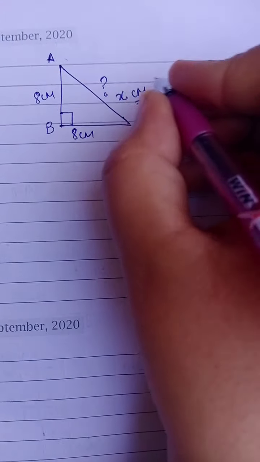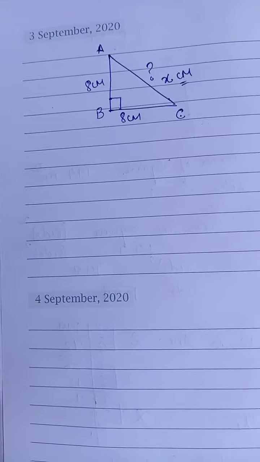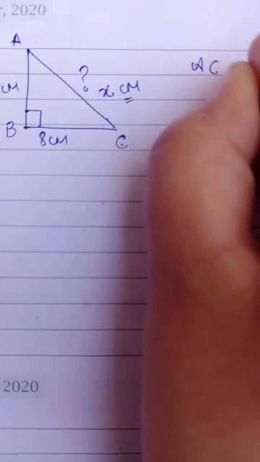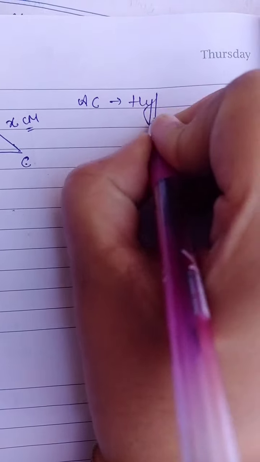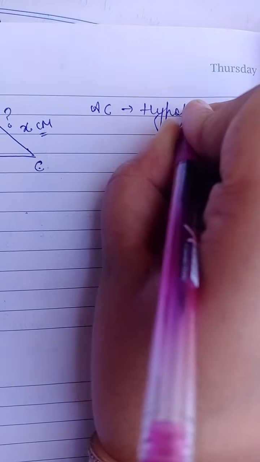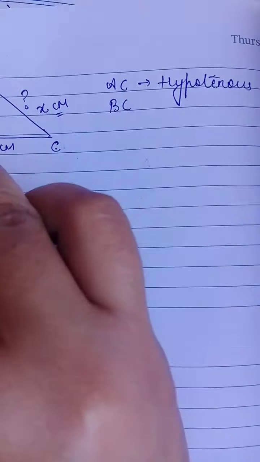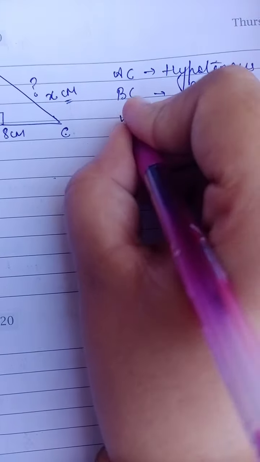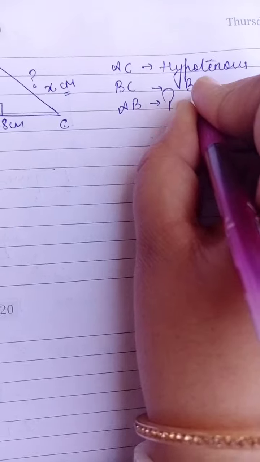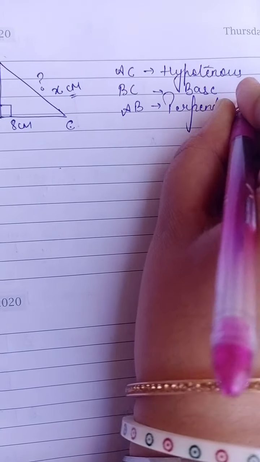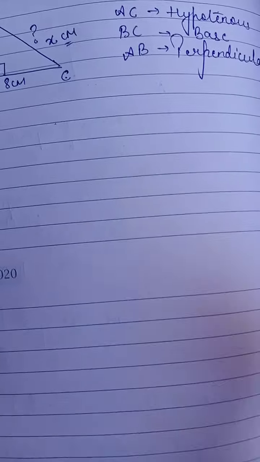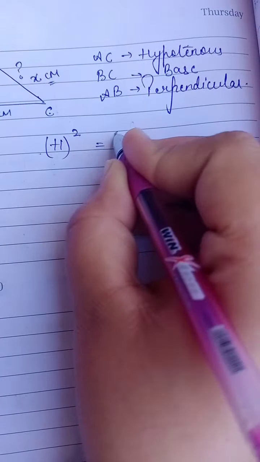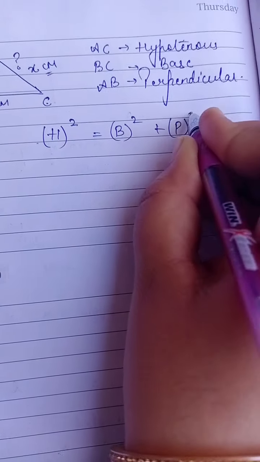By the Pythagoras theorem, one more thing I want to clarify: AC is the hypotenuse, BC is the base, AB is the perpendicular. Fine beta. According to the Pythagoras theorem, hypotenuse squared equals base squared plus perpendicular squared.